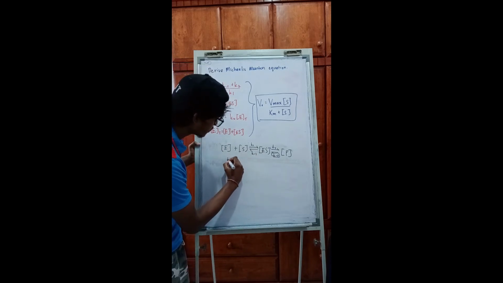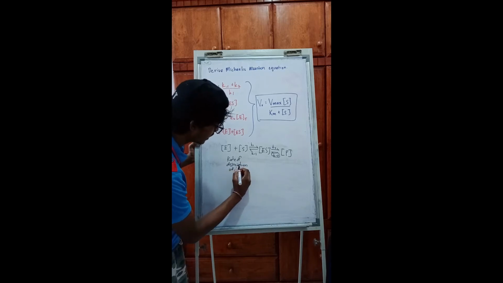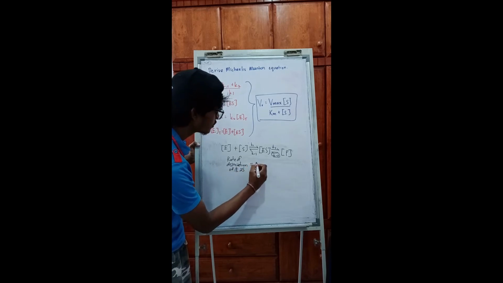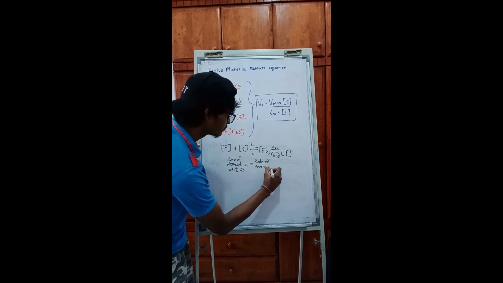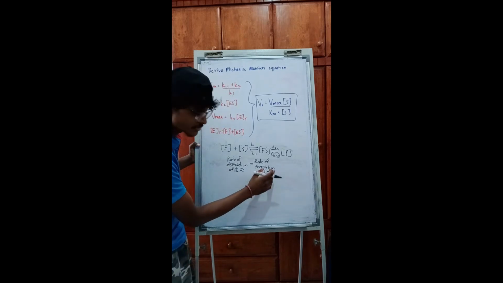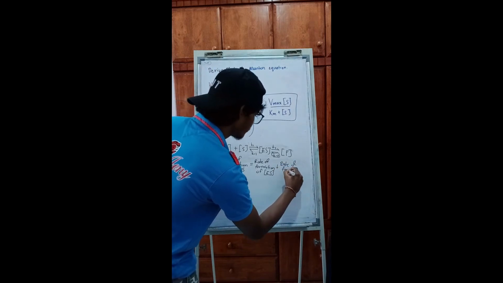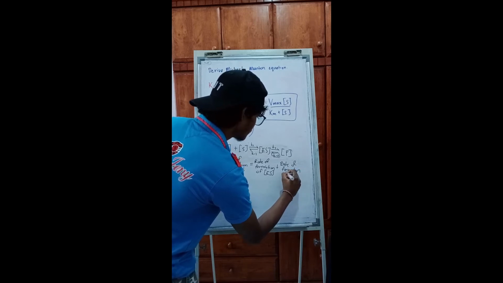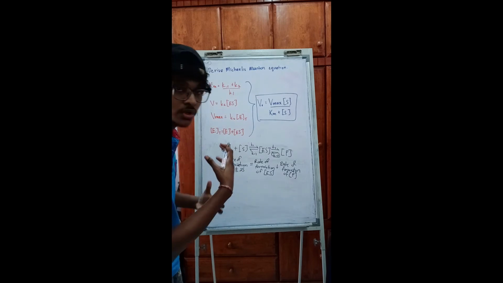So we can set the rate of dissociation of enzyme and substrate equal to the rate of formation of enzyme substrate complex, and also the rate of formation of product.